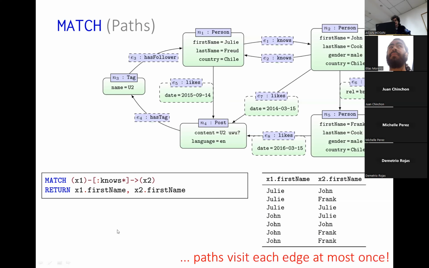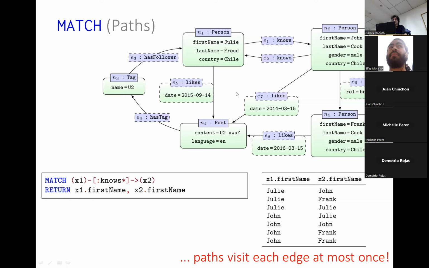In the case of paths, however, if we were allowed to visit each edge more than once, we need some sort of restriction here. Because if we had no restriction on the paths, then how many times could we return Julie, right? We could return Julie, Julie once because it would go to E1, E2. But what about the path that is E1, E2, E1, E2, and the path E1, E2, E1, E2, E1, E2, right? So we need some way to restrict the infinite paths here.